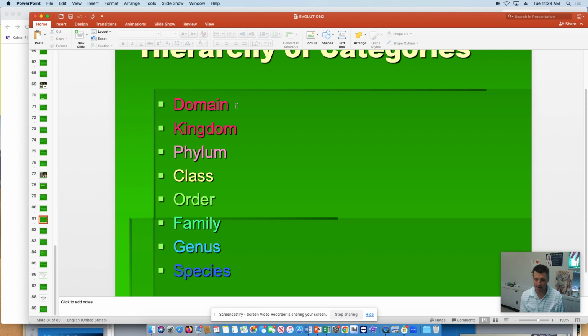And Chordata means that we have a concentrated, elongated set of nervous tissue, our spinal cord in our case, but not all chordates would have specifically something we consider a spinal cord, but that's the commonality. So phylum Chordata. Okay, then we're up to class.